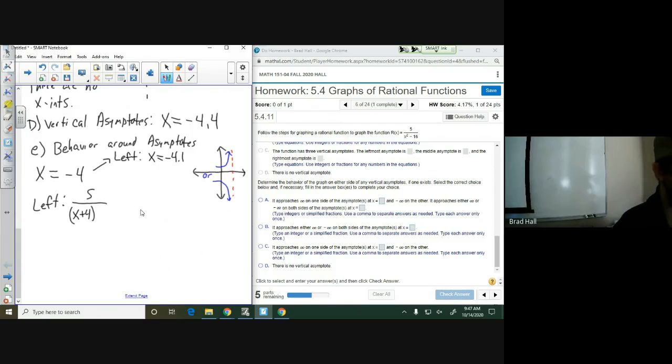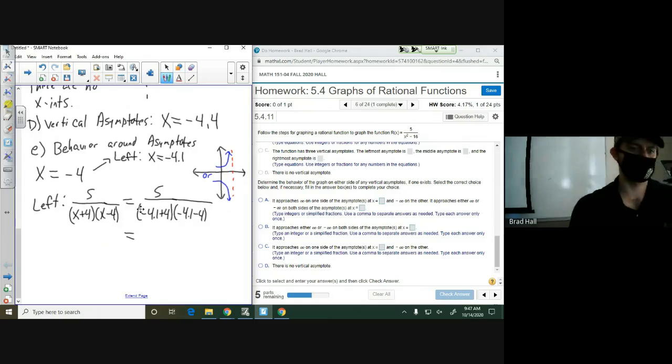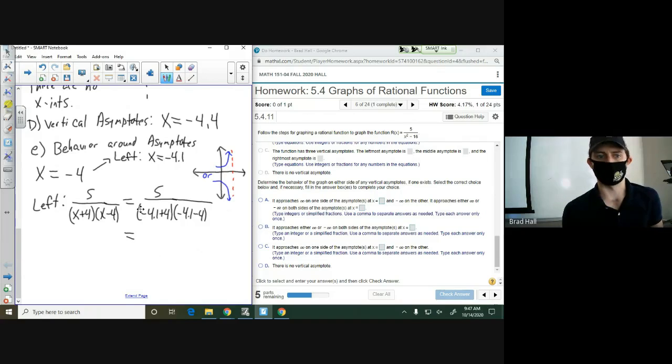Remember, the function that we started off with has x plus 4 and x minus 4, but now we're plugging in negative 4.1 plus 4 and negative 4.1 minus 4. Let's see what kind of number we get from this. So I'm going to plug in the denominator individually.